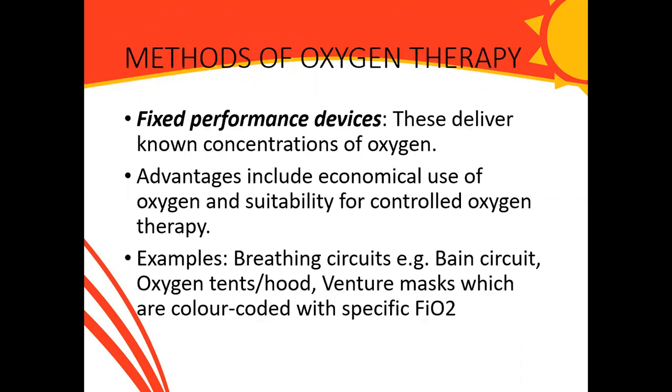We have other types of oxygen delivery devices. We have the fixed performance devices, also known as the high flow delivery devices. The high flow devices deliver known concentrations of oxygen to the patient. They deliver the concentration of oxygen that you want to deliver.